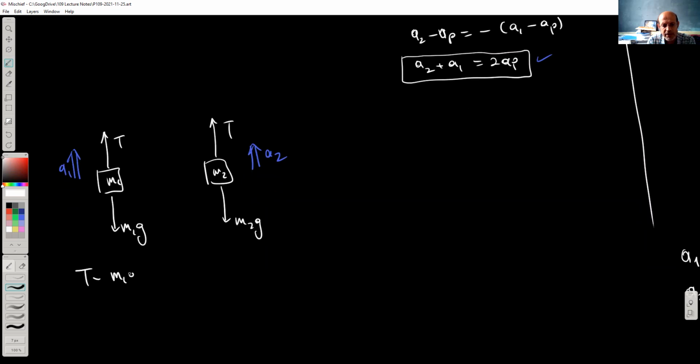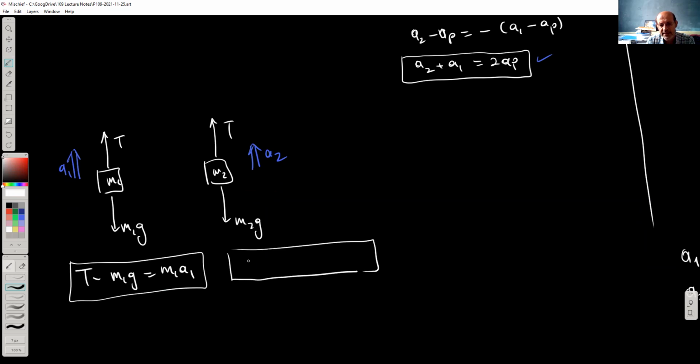So that's T minus M1G equal to M1A1. That's Newton's second law for this one. Newton's second law for this one is T minus M2G equals M2A2. And then we have this, so we have these three equations. I think what I'm going to do is just add 1 and 2, because in that case, I can cancel the tensions here.